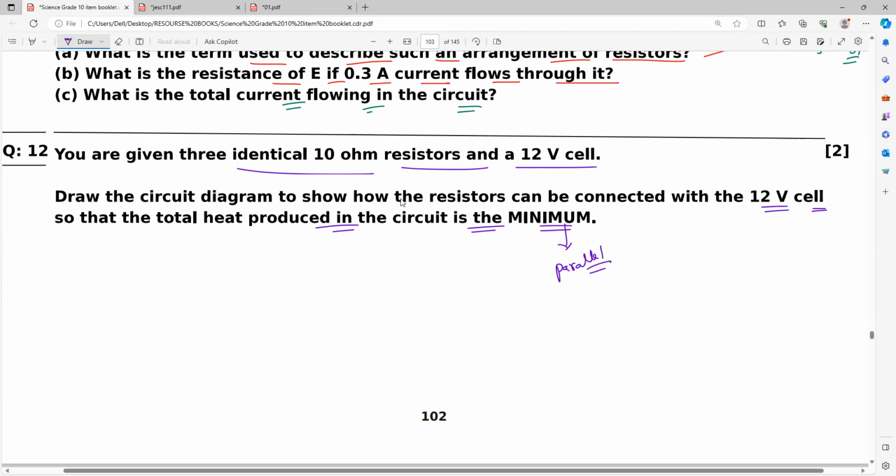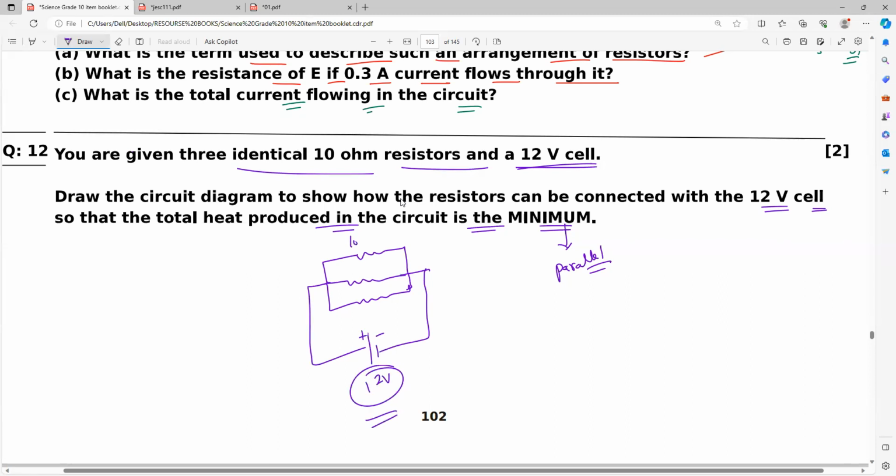So they have given 3 identical 10 ohms. So minimum heat has to be produced. So they must be connected in what connection? Everybody, all of you. Parallel connection. That is only your answer.